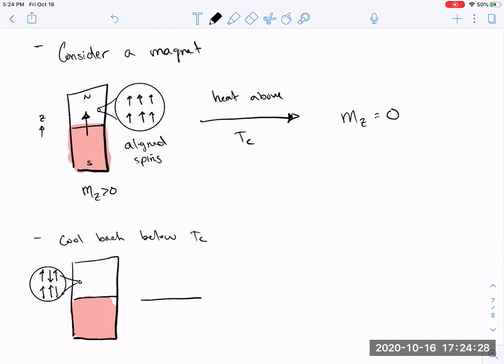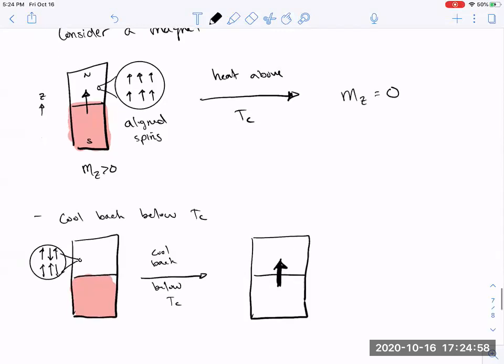If we cooled that system slowly, what we would find is that some of the time we generate a magnet which is pointing in the direction that it was initially.